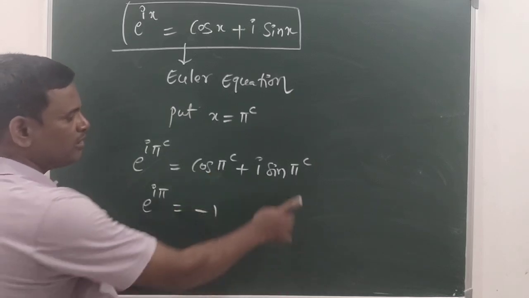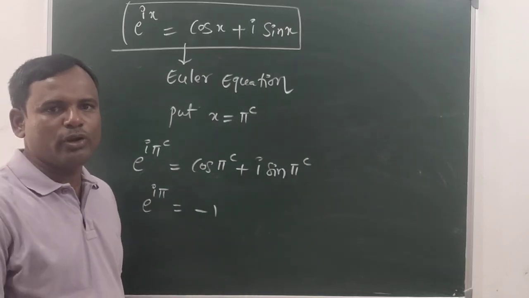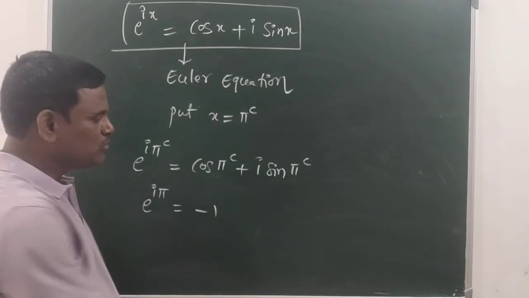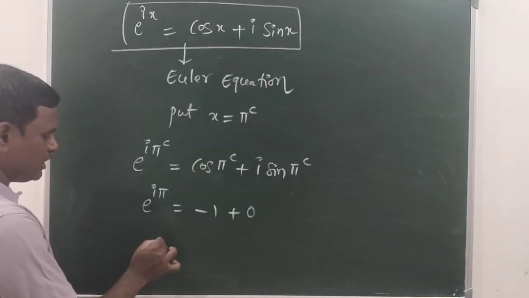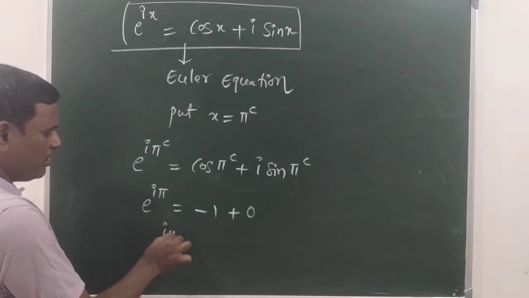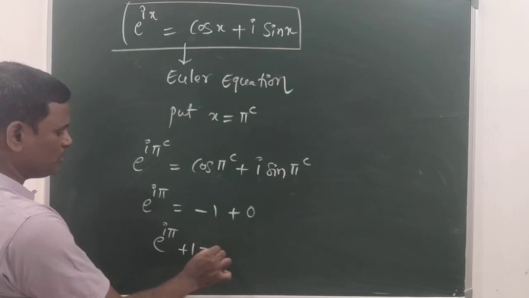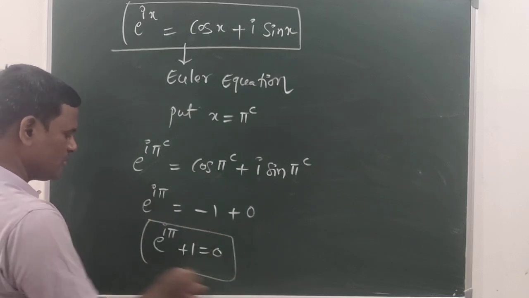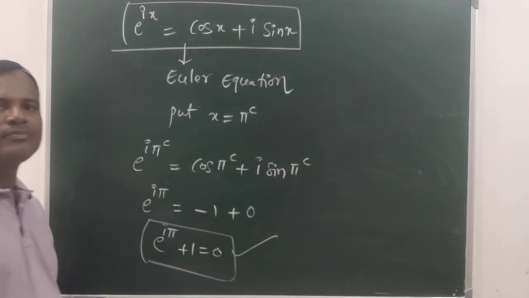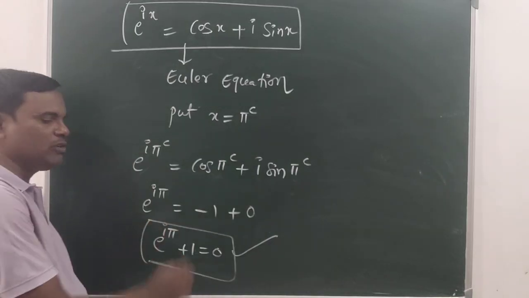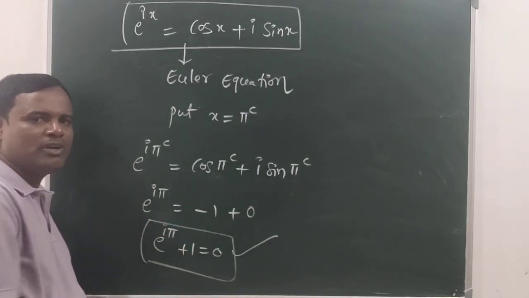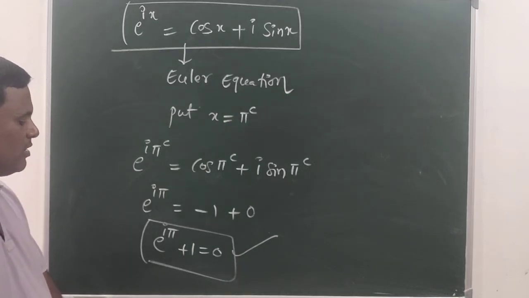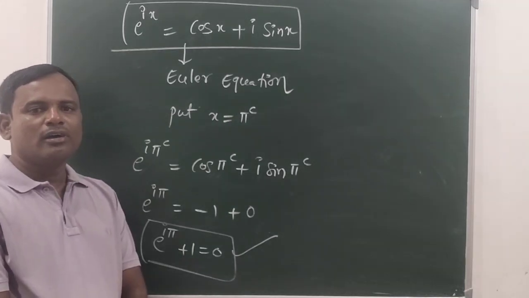You know that. sin pi radians is going to be 0. So 0 into i becomes 0. Now bring it to the left side. So e power i pi plus 1 equal to 0. Remember this. e power i pi is equal to how much? Minus 1. When you bring it to the left side, then it will become e power i pi plus 1 is equal to 0.